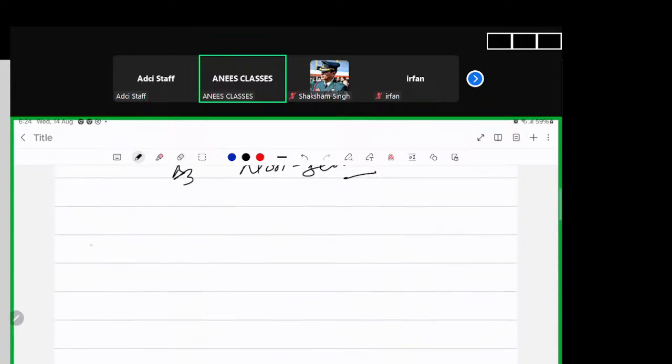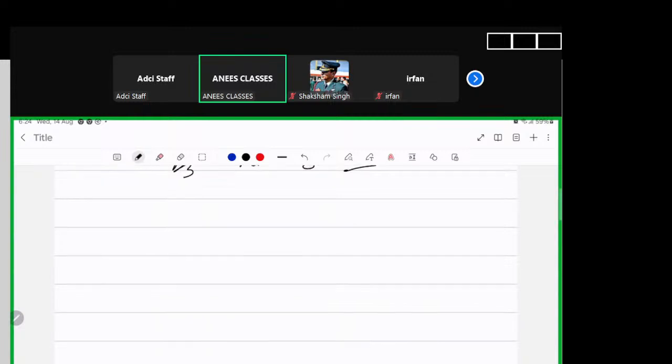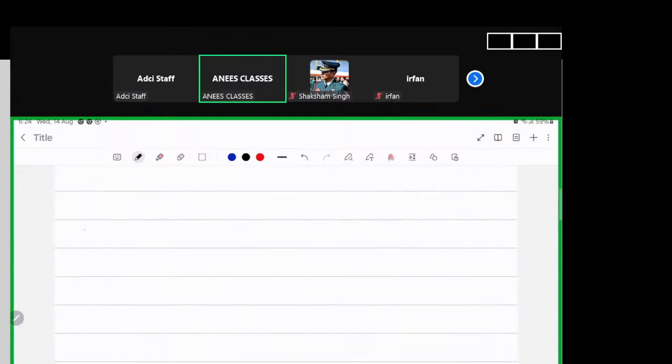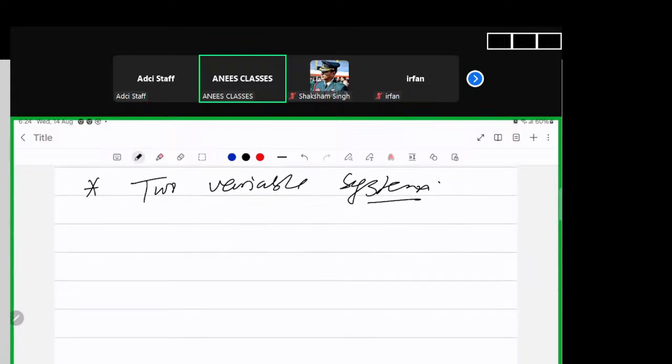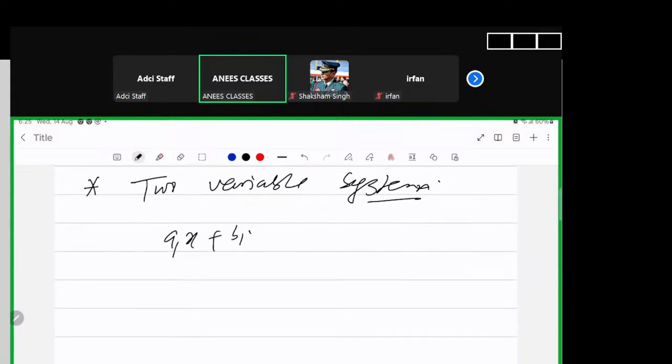After that, suppose that I take non-homogeneous lines, a two-variable system. Earlier we had a three-variable system. So a1x plus b1y equal to c1, a2x plus b2y equal to c2.